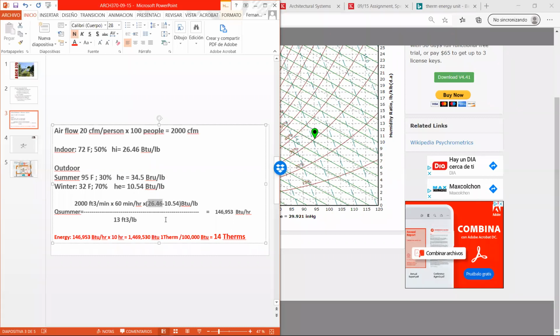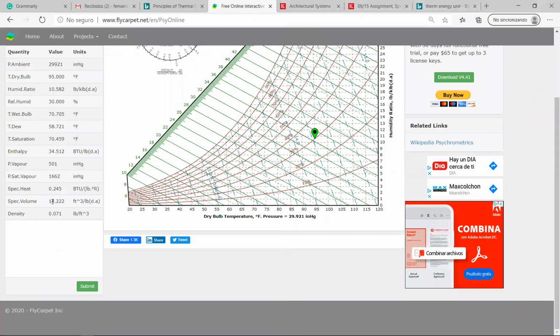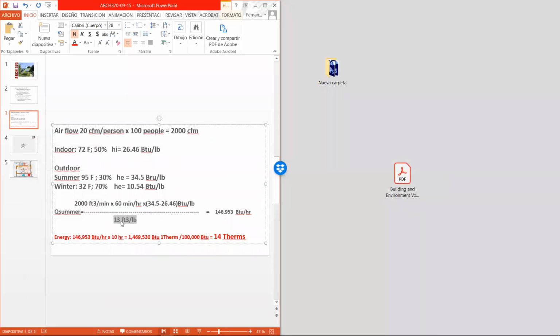So this should be 34.5 minus this. This is 14. Okay, the other one was 13.5. Probably in summer we have to take something in the middle between 13.5 and 14, so we can say 13.7.